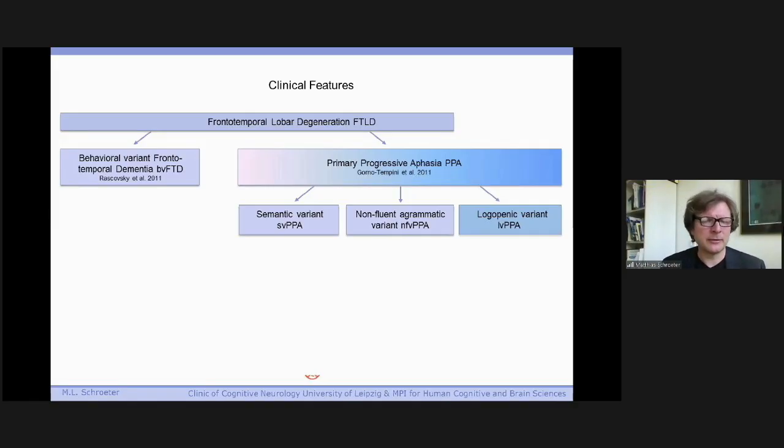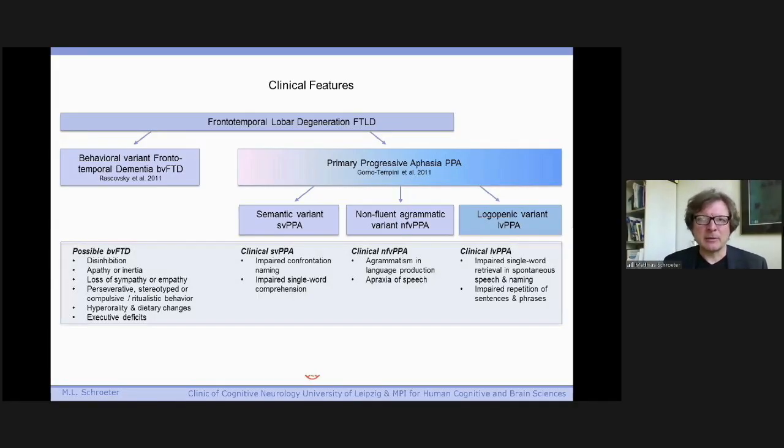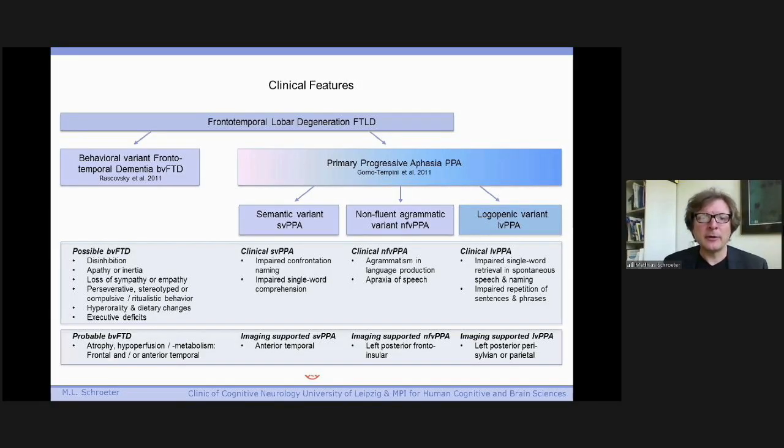All these different subtypes of frontotemporal lobar degeneration are characterized by clinical features. These clinical features define the disease and lead to a possible disease. Whereas we can also add imaging biomarkers, and these increase the validity of the classification, increasing it to a probable disease state.